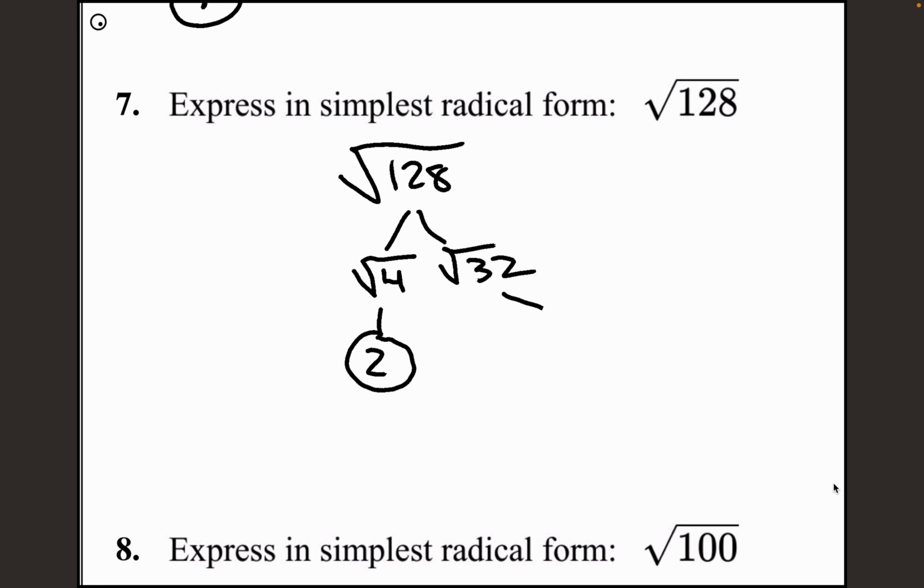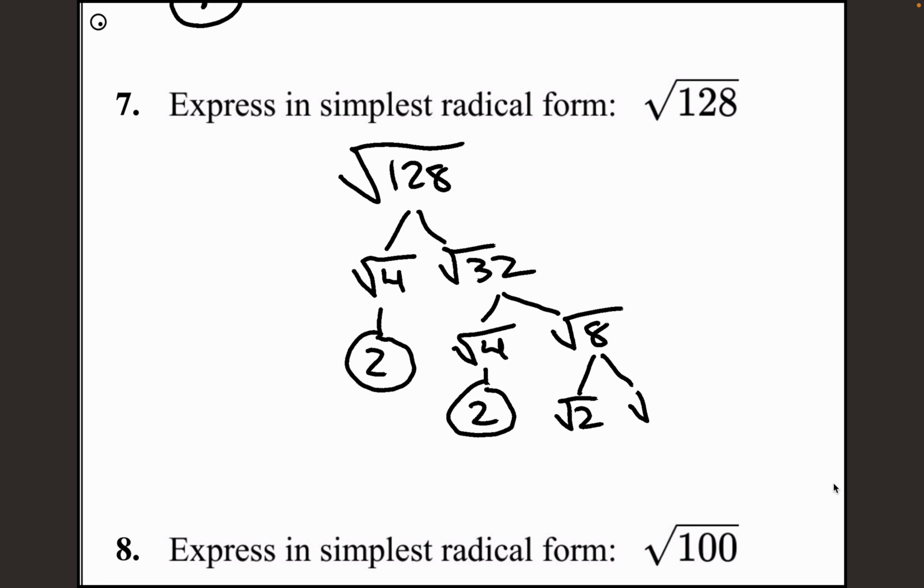Yeah, I can do 8 and 4. Because what's the square root of 4? Can I simplify square root 8? You can. 2 and 4. Square root 8 throws a lot of people off. So you have to remember, you can simplify that into square root 2 and square root 4.